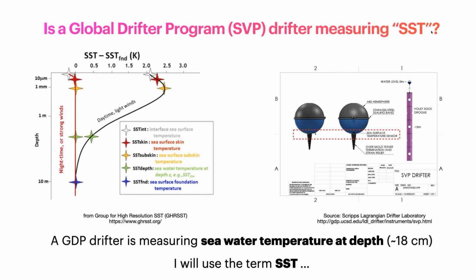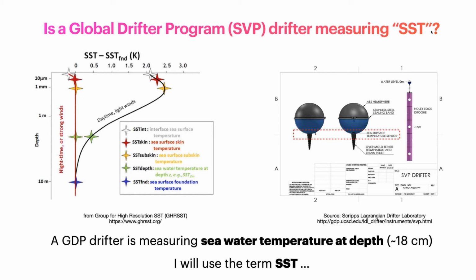The need for this array is to acquire observations of near-surface currents, sea surface temperature, or SST, as well as sea level pressure. On the left, you see a map showing the status of the array from last week on Valentine's Day. At that time, about 1,500 drifters were present in the ocean.